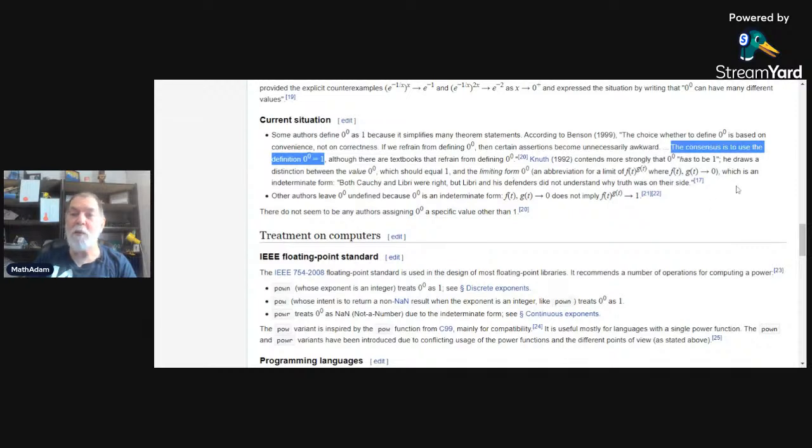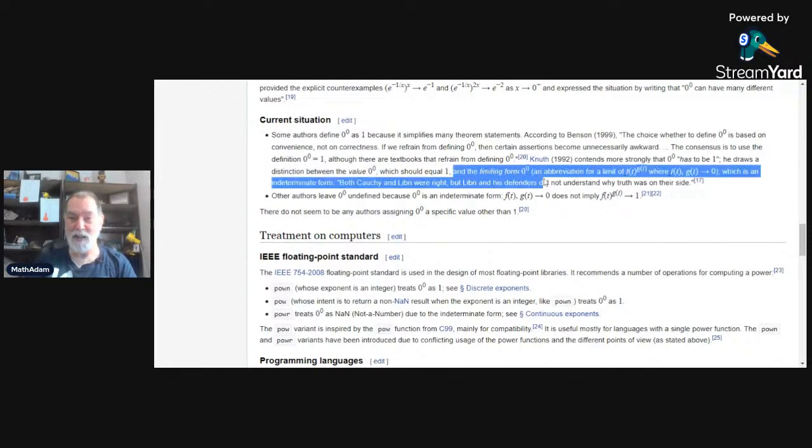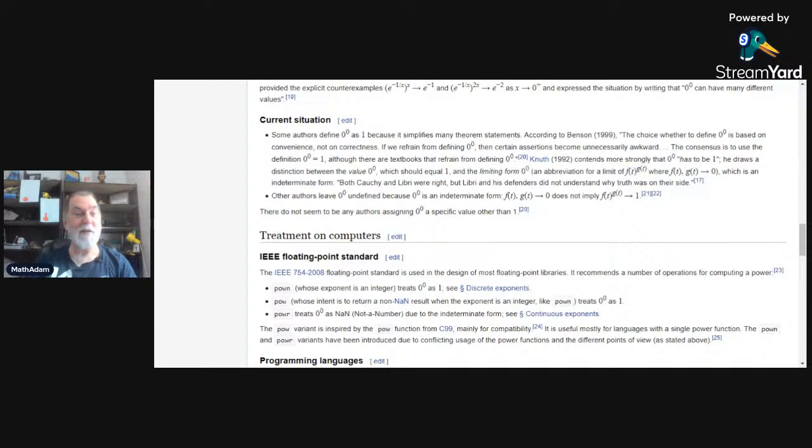Knuth draws a distinction between the value 0 to the power of 0, which should equal 1, which looks to me like what we've got. We plugged stuff in and we got 0 to the power of 0, and the limiting form, the limit of this, in which case it's 0.